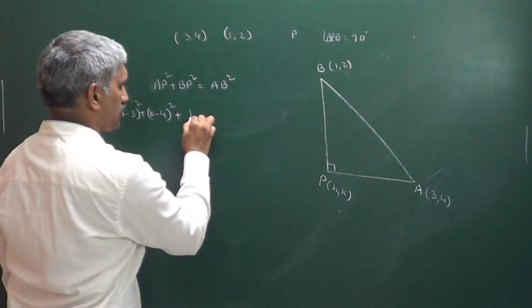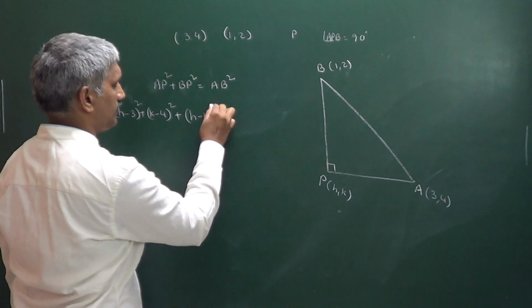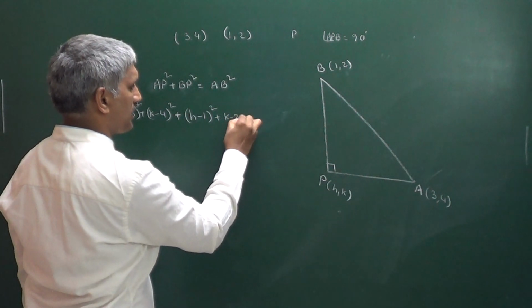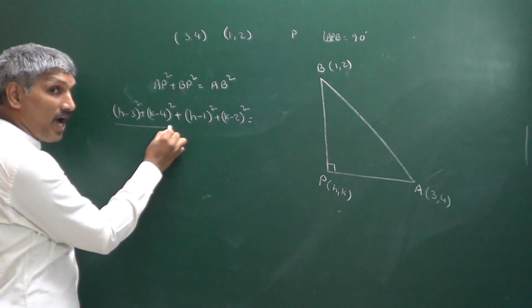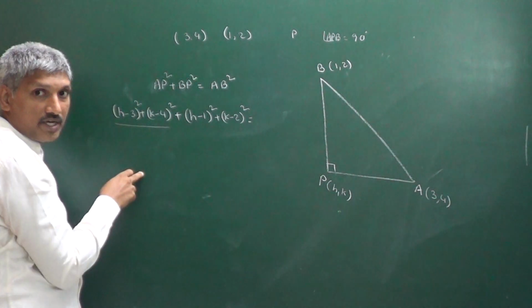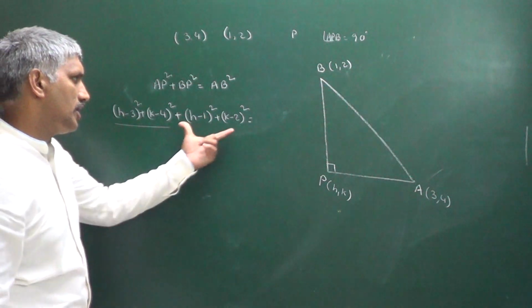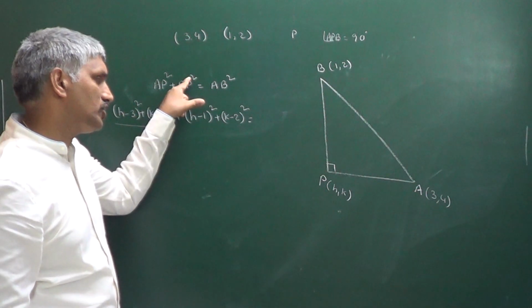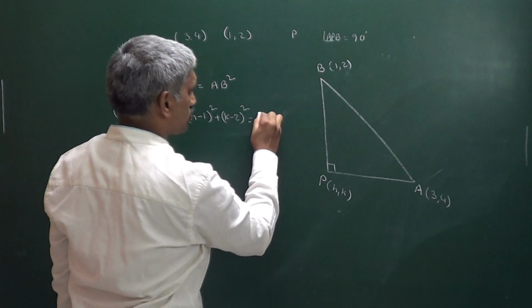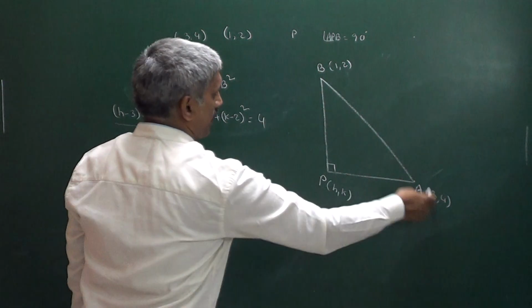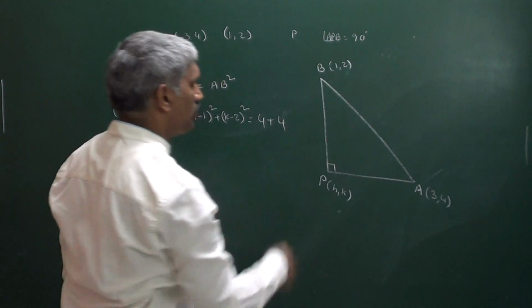Next, h minus 1 whole square plus k minus 2 whole square. So this part is AP. Under root you will get, but the square is there, that's why the root cancels. Next AB means 3 minus 1 whole square you will get 4, and 4 minus 2 whole square also you will get 4.